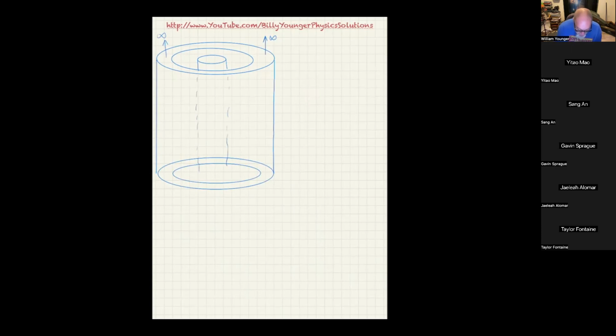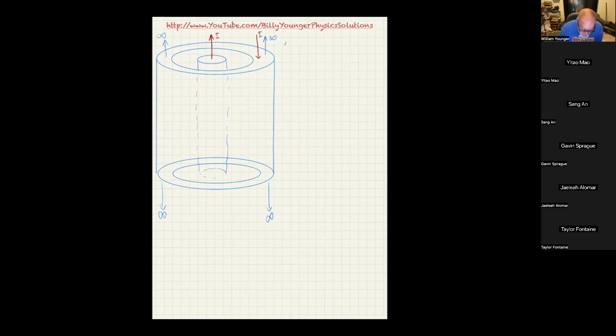Okay, so it's a coaxial cable. Notice this is going to infinity this way, this is going to infinity as well, and the middle one's going to infinity too. And in fact, let's say the current I is going up that way, and a current I is going down this way.